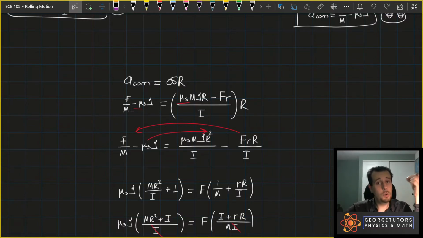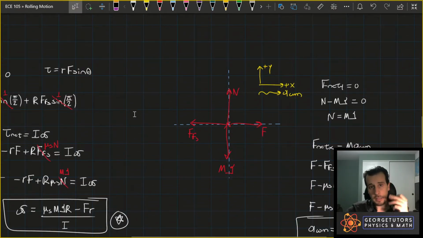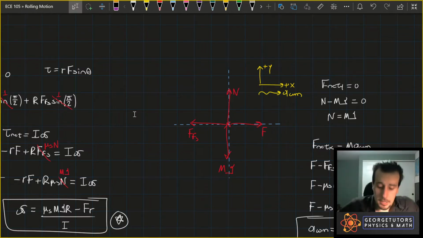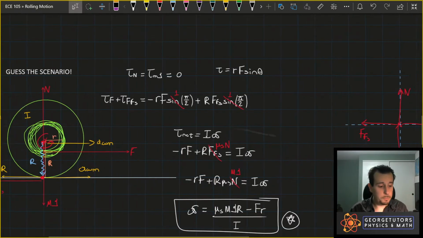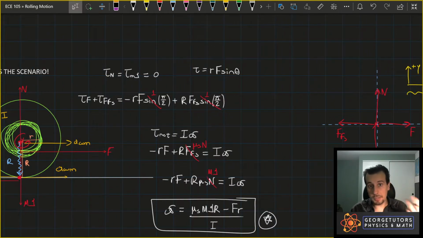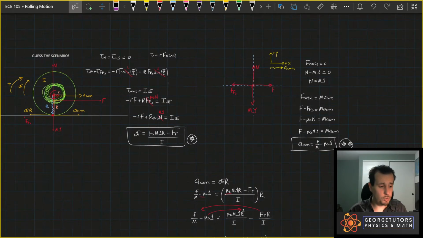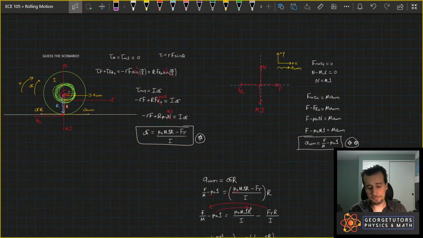That's not what you want, right? You want to make sure that you stick with those positives. Depending on the scenario that you chose to guess, you stick those positives properly onto your diagrams and your torques and forces follow those signs to the T. If you don't want to make a mistake of a sign here, and it's really easy to make one, that's why I'm stressing that so badly.